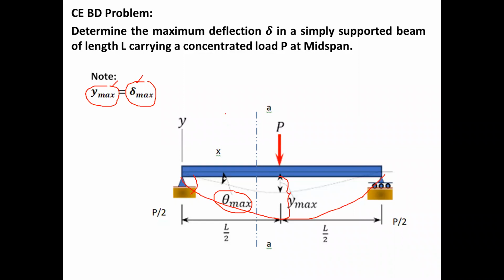With our first integration process, we can actually determine the slope. But after the first integration process, proceeding to the second integration process, doon pa lamang natin mahahanap ang ating maximum deflection.